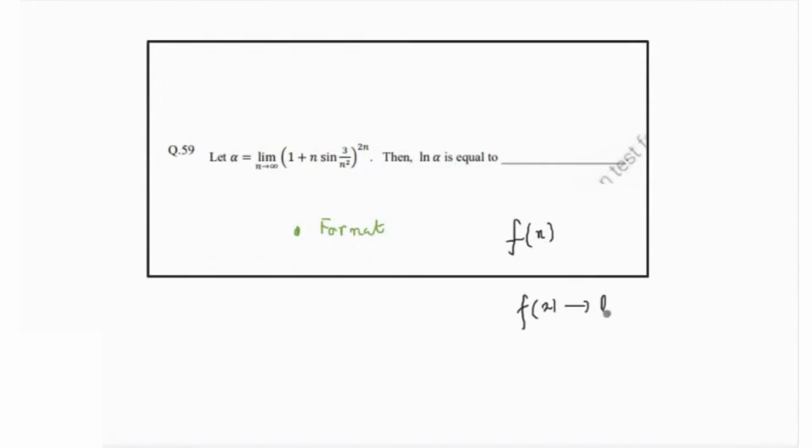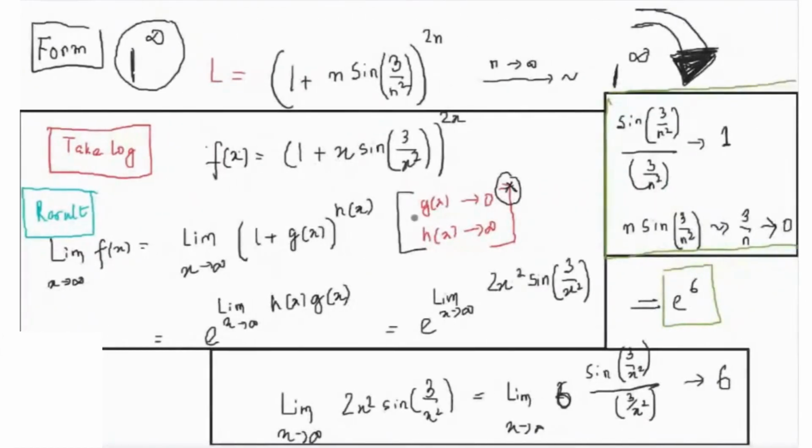If you can prove f of x goes to that limit, then a subsequence of this also goes to it, because if a function goes to a certain limit, all the sequences that can be created out of that function also go to the same limit as x goes to infinity. So we will try to do it in terms of the function, because we have the results in terms of the function only.